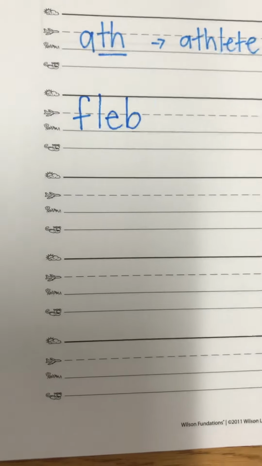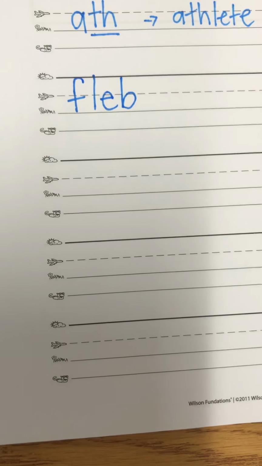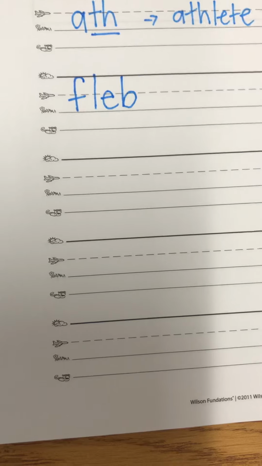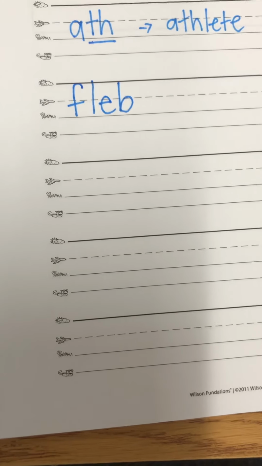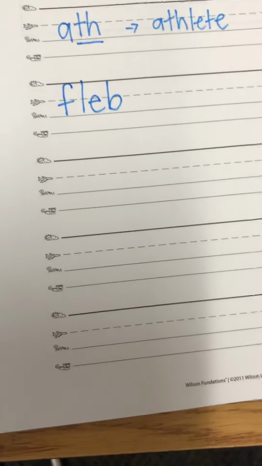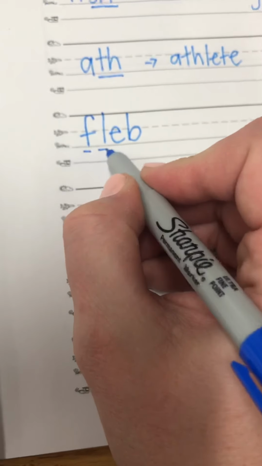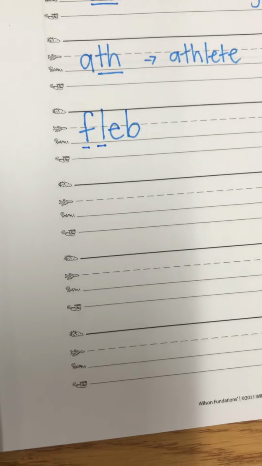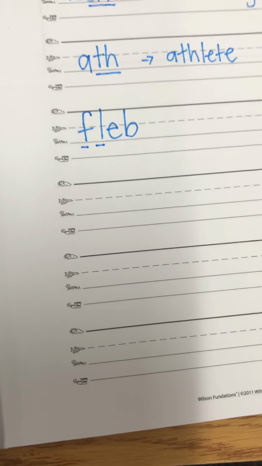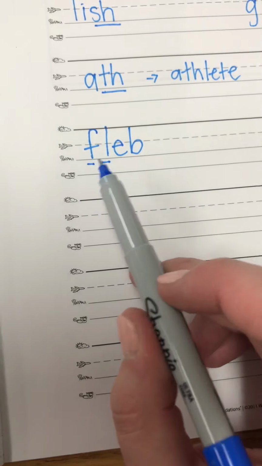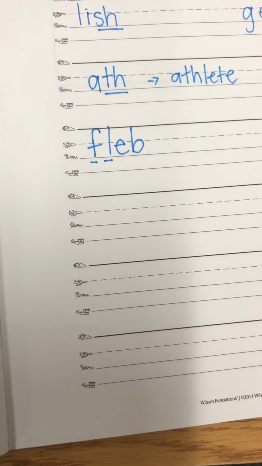All right. This word has a blend. A blend is two letters that come together and they have two separate sounds, but you'll see them when you say the word quickly. It kind of sounds like they're getting blended together. F and L is a blend. You'll see F and L in words like flag or flake, and there's lots more, but just because they're blended together does not mean it makes one sound.